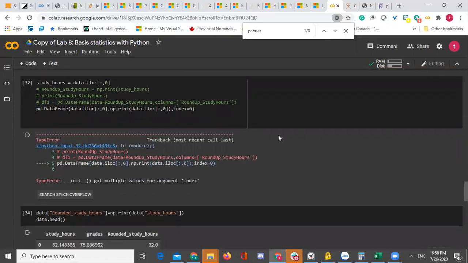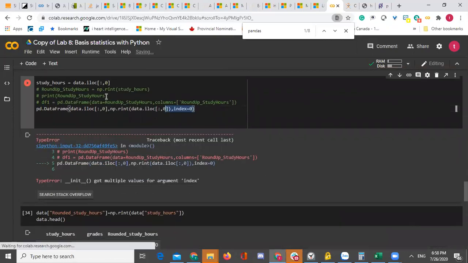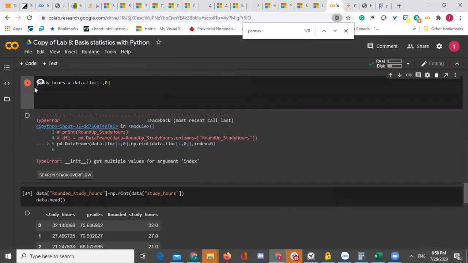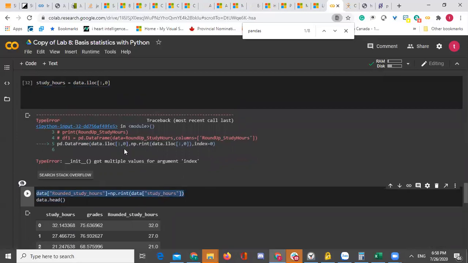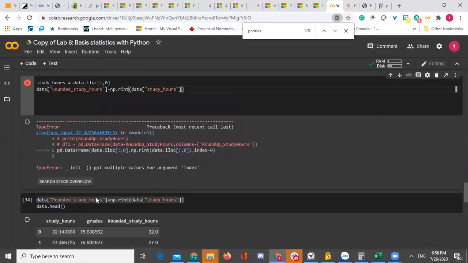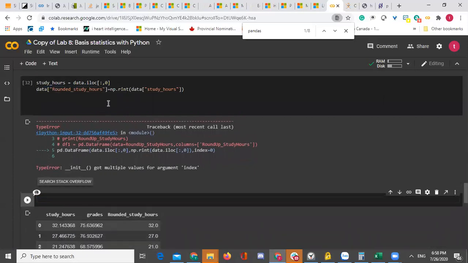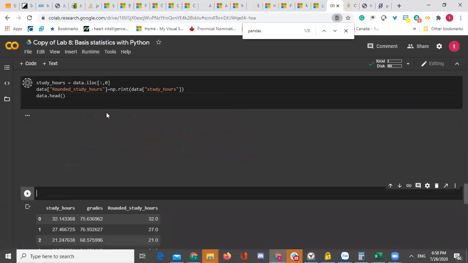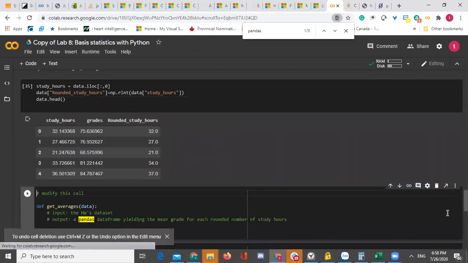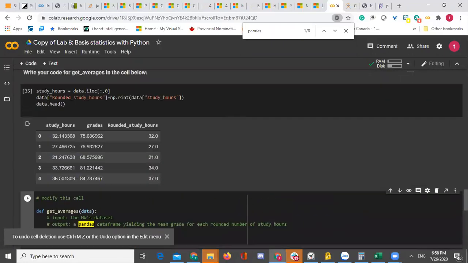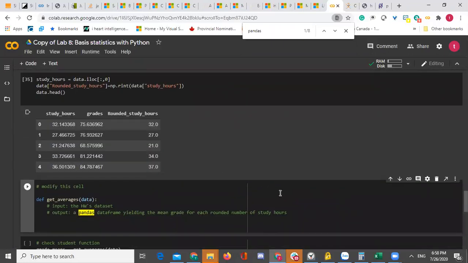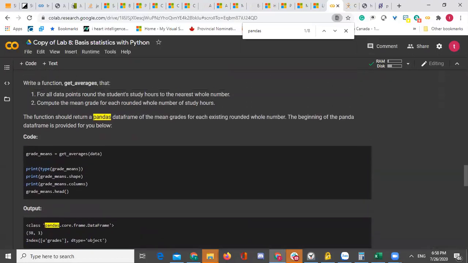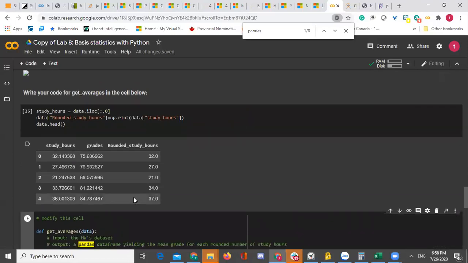So you assign the value, and basically you got the rounded hours. The next step is that you get the mean of the value.